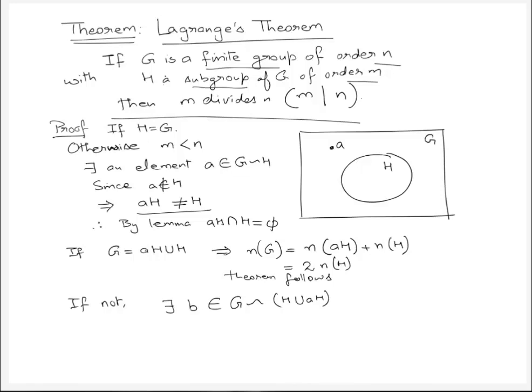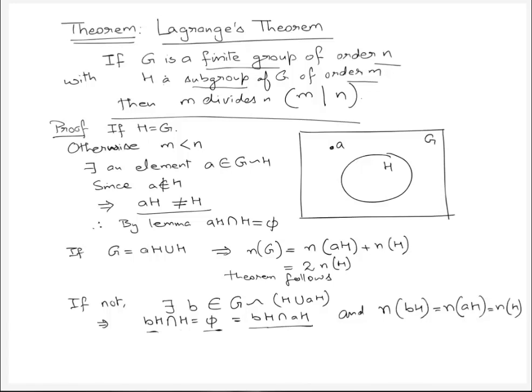Now we have the coset bH, and the intersection of two cosets will be a null set. Either they are equal or they are disjoint. That means bH intersection aH is a null set, and bH intersection H is a null set. And the number of elements of bH equals the number of elements of aH, which equals the number of elements of H.